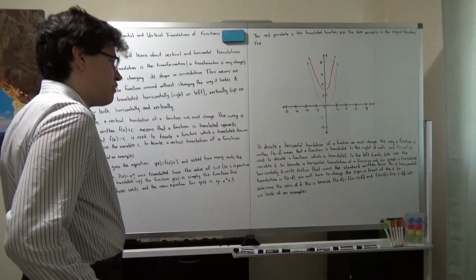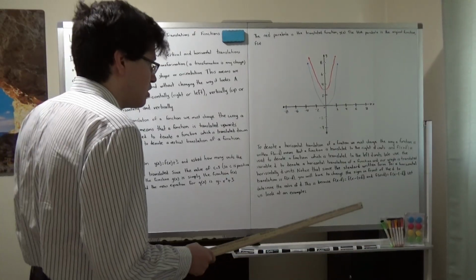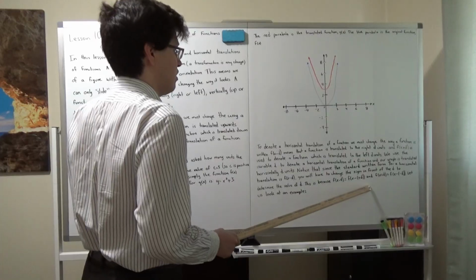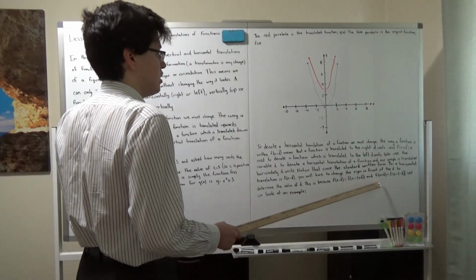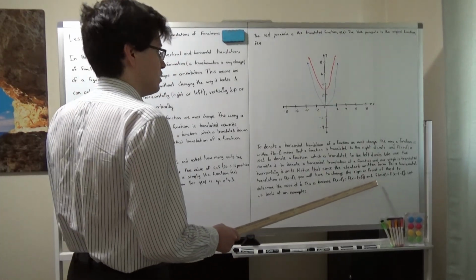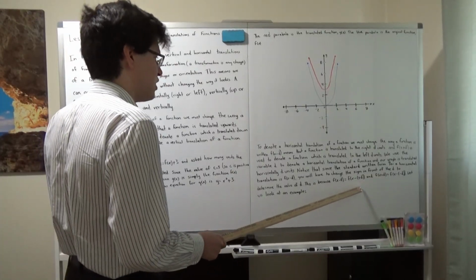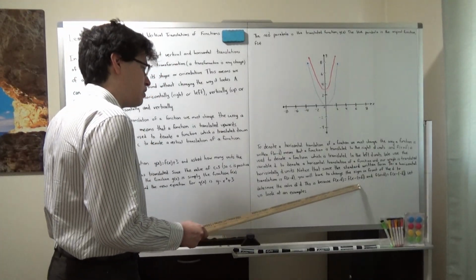This is because f of x minus d equals f of x minus positive d, and f of x plus d equals f of x minus negative d. So we have to change the sign in front of the d to determine the value of d.